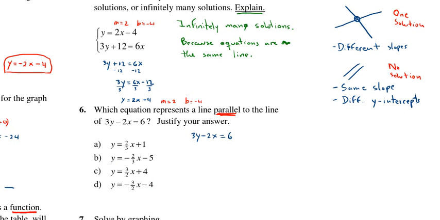So in order to solve for y, I need to add 2x on both sides. That will give me 3y is equal to 2x minus 6. And then we divide it by 3.